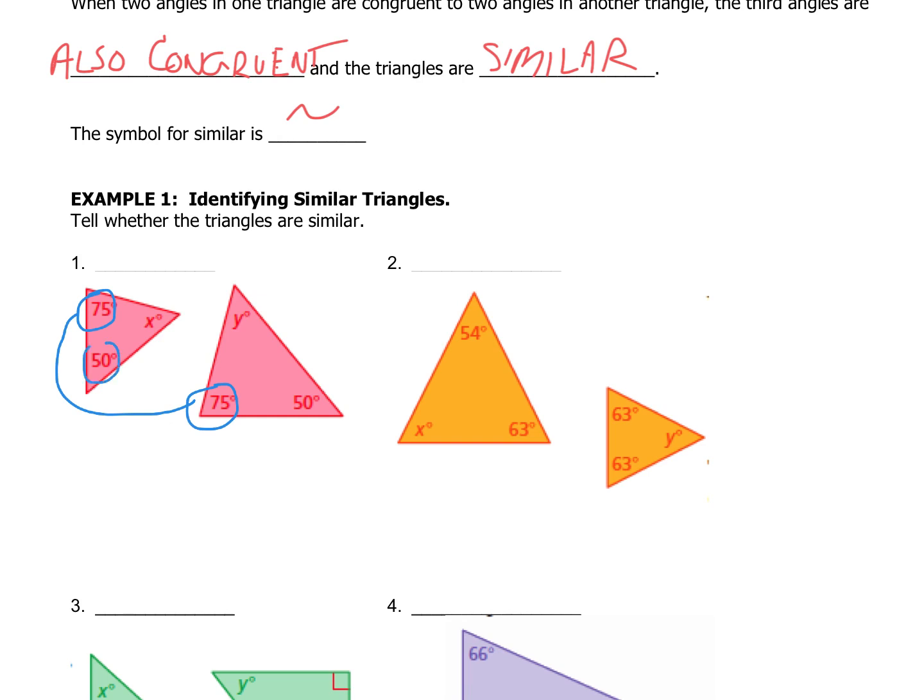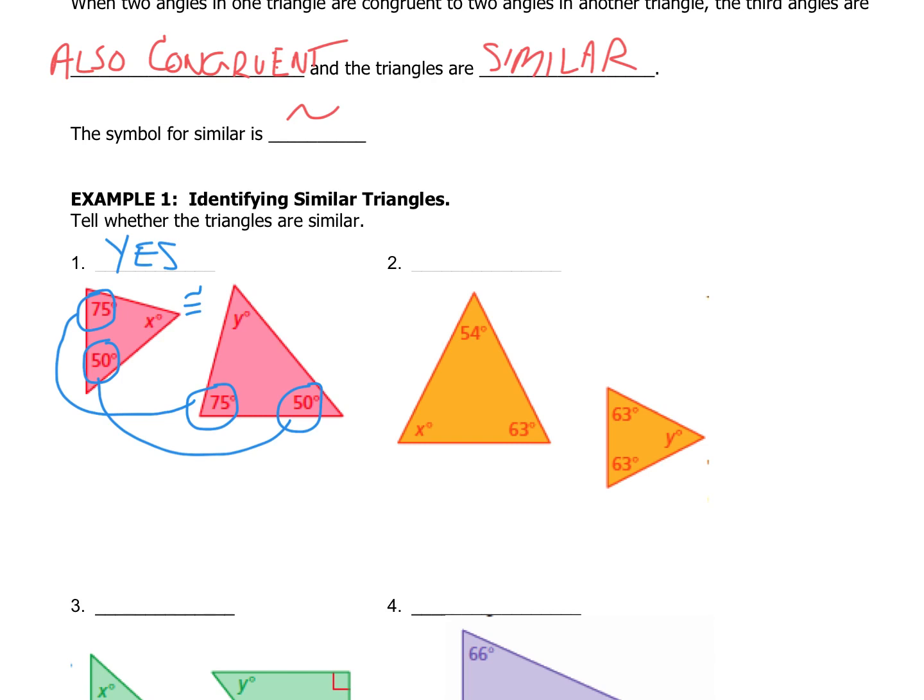We also have a 50 degrees, which matches the 50 degrees. So because both triangles have two of the exact same angle measurements, both the x and the y would have to be equal or congruent, which means yes, these two are similar.